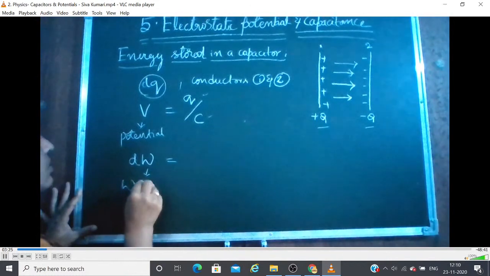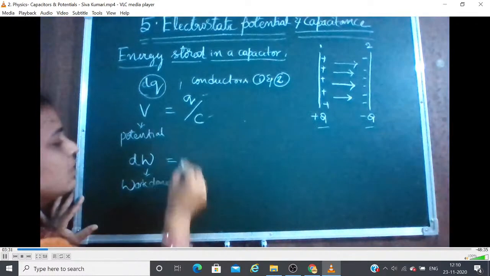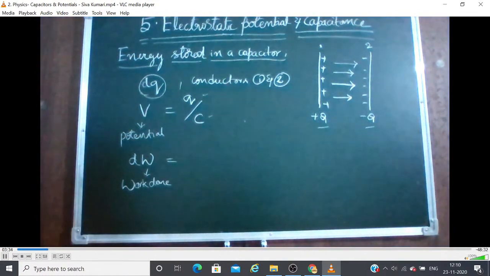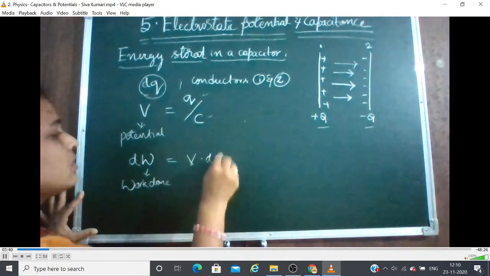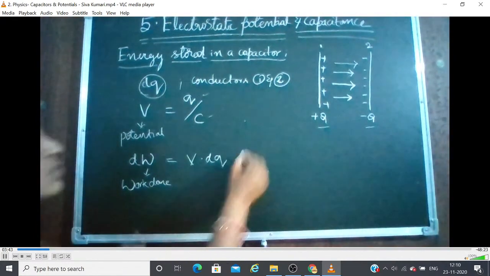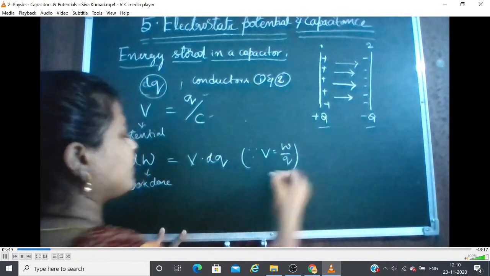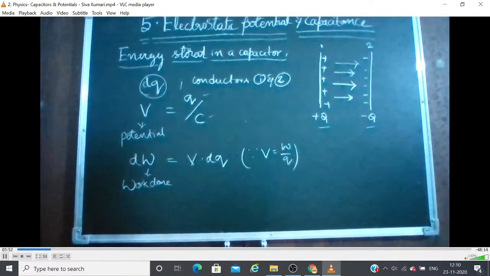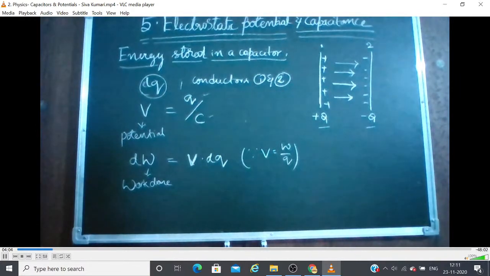The small work done in bringing positive charges from 2 to 1 will be given by the formula dW is equals to V dot dq. So the small work done in bringing the charges in installments dq from 2 to 1, at potential V, is dW equals V dq.